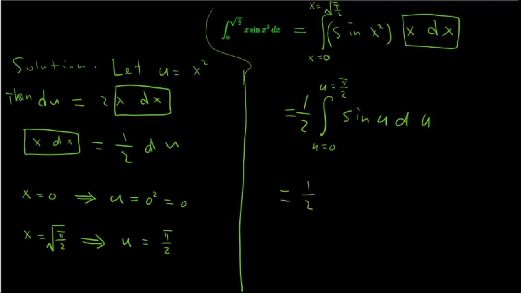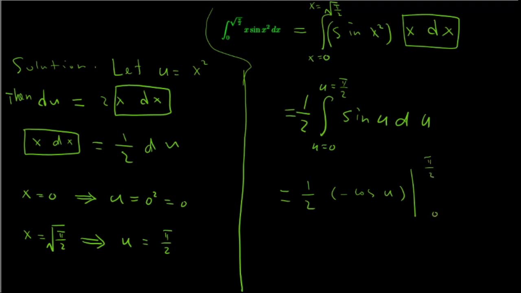So you have 1/2 in here. Get the antiderivative of the integrand, which is negative cos of u, I believe, right? I should have used square brackets, but it doesn't matter. And then you put in the upper limit of 1/2 in here, and then put the lower limit of 0 in here.